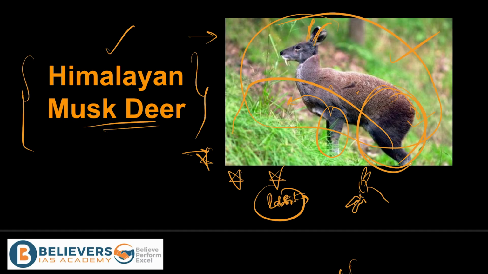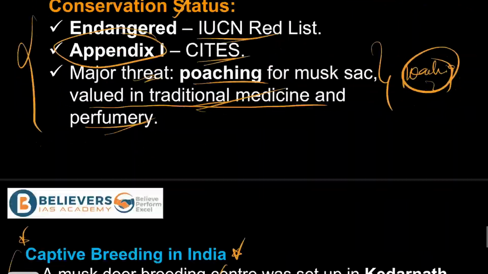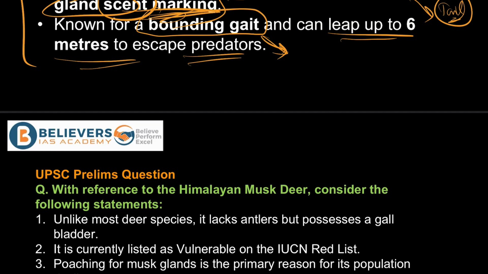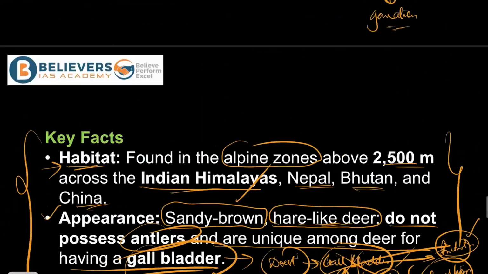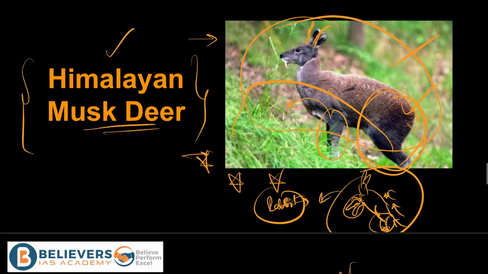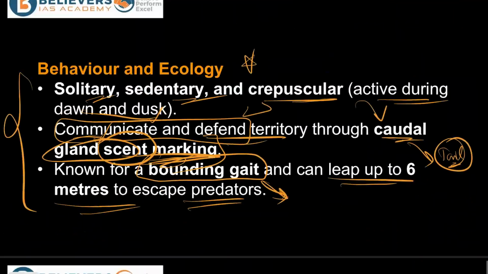The front limbs rise, and then all the power is generated from the back limbs, and it can jump. Once they jump, they first land on their front limbs. So simply, you just have to keep in mind that the bounding gait essentially means how they jump using their hind limbs. Just like how a rabbit jumps. No need to worry much about it.